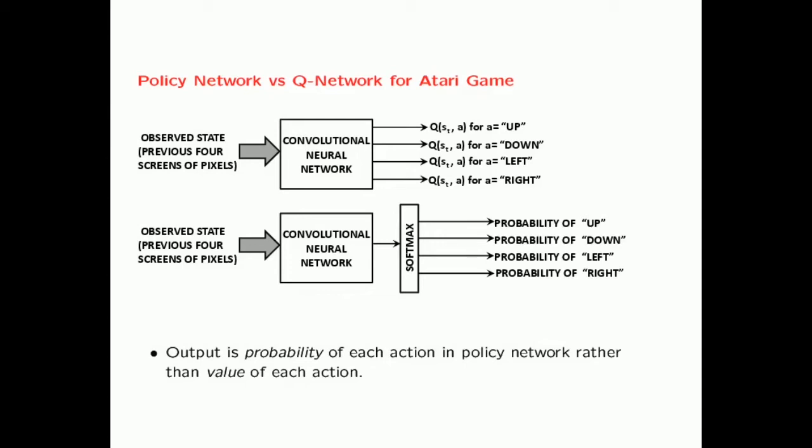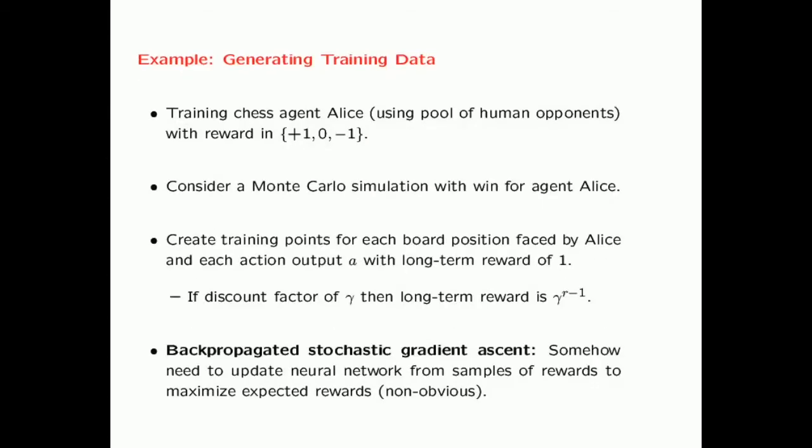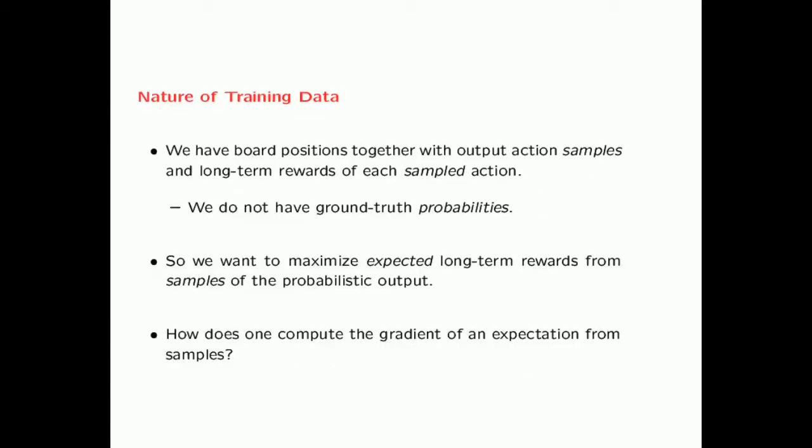Here, your problem is that you're outputting probabilities, and what you're getting is the long-term value of the action you selected. You don't have the ground truth probability. So an important question arises: how do you maximize the expected long-term rewards from samples of the probabilistic output?